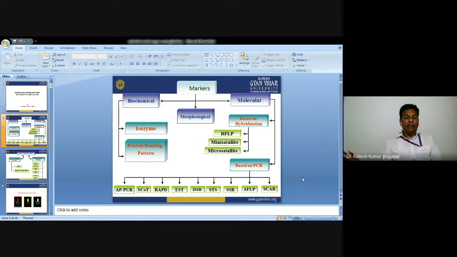AP means arbitrarily primed PCR; SCOT is start codon targeted; RAPD is randomly amplified polymorphic DNA; EST is expressed sequence tag; ISR is inter-simple sequence repeat; STS is sequence tagged site; SSR is simple sequence repeat; AFLP is amplified fragment length polymorphism; SCAR is sequence characterized amplified region. These are the molecular markers developed based on PCR.